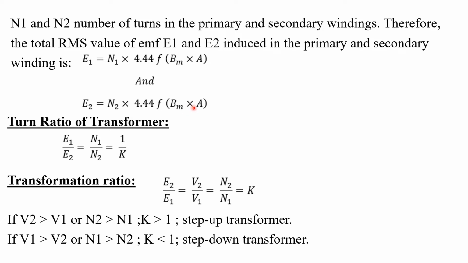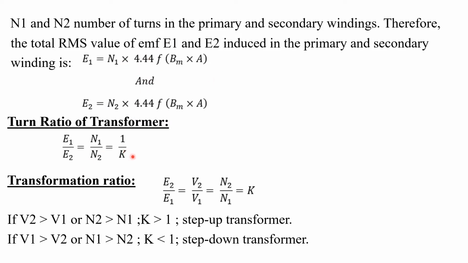Here phi m is considered as Bm into A. This is the EMF equation for a transformer in terms of its primary and secondary sides, E1 and E2.